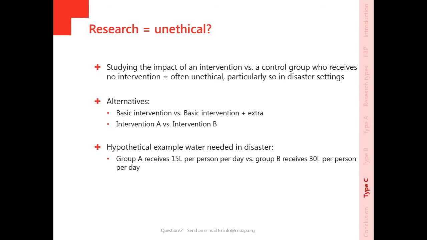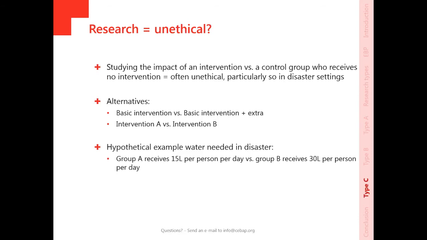However, there are some alternatives possible. We could, for example, compare a basic intervention to a group who gets a basic intervention and something extra. Or we could compare intervention A to intervention B. If we think about the systematic review about water, for example, we could decide to distribute 15 liters per person per day to one group and distribute 20 or 30 liters per person per day to another group, and then look at the impact this one has on health.